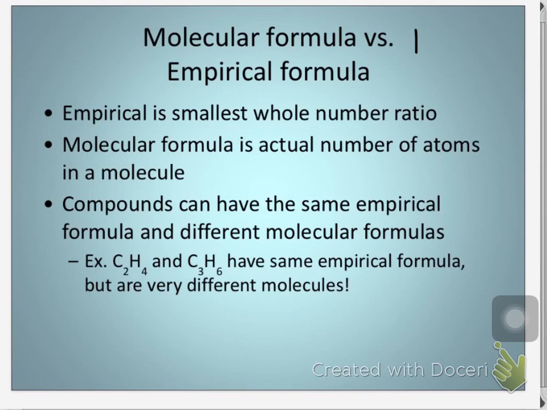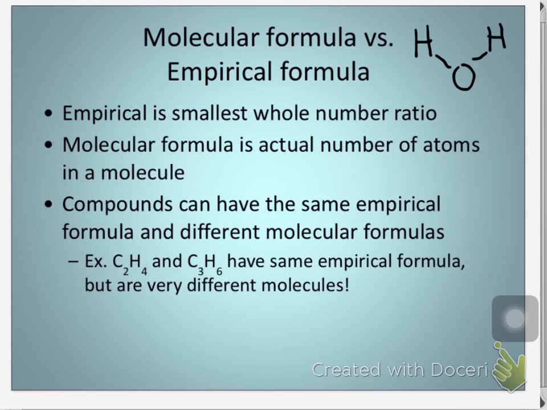So if we talk about H2O, that's a water molecule. What is its molecular formula? The actual number of hydrogen and oxygen atoms in a water molecule. Did I just give it away? Did I just say what's the molecular formula for H2O?